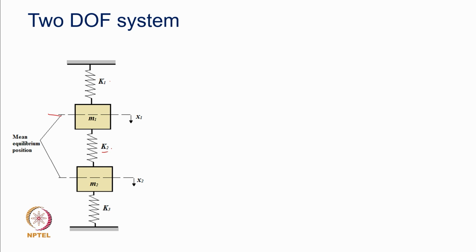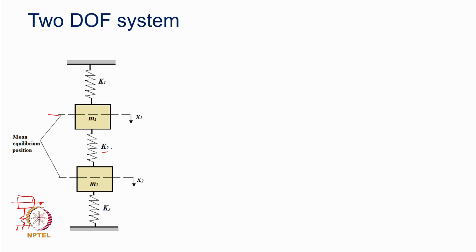So, their motion will be relative to these two mean equilibrium positions. Okay. The way we always used the mean equilibrium position for a single degree of freedom system, we never accounted for, or did not need to account for, the weight of the mass, and that weight of the mass takes care of the static deflection.